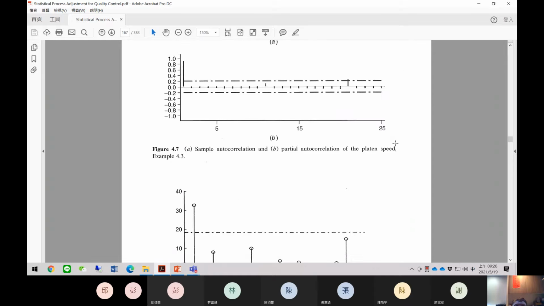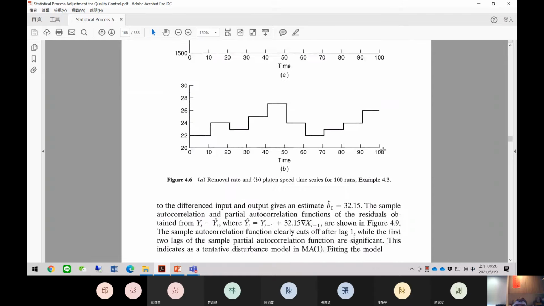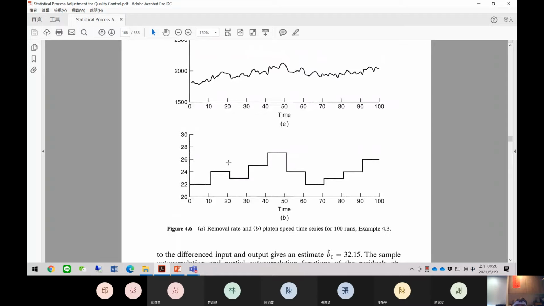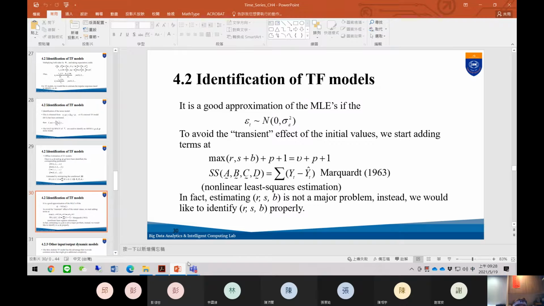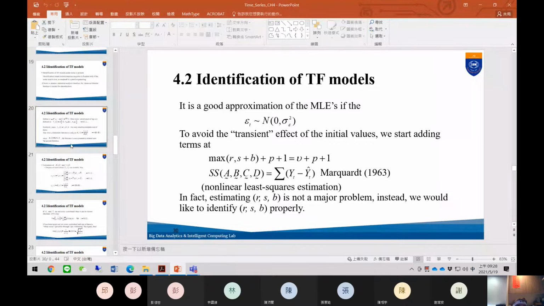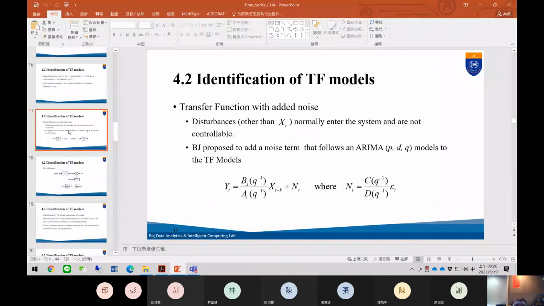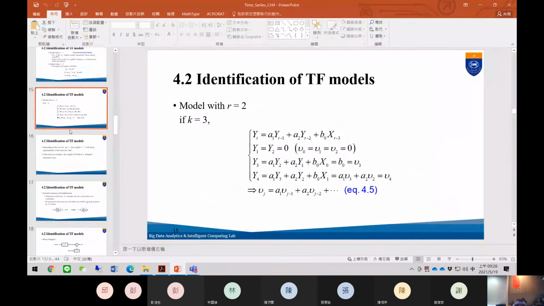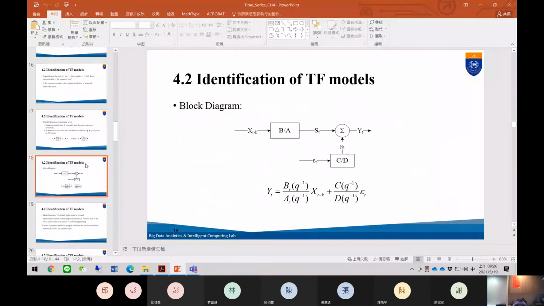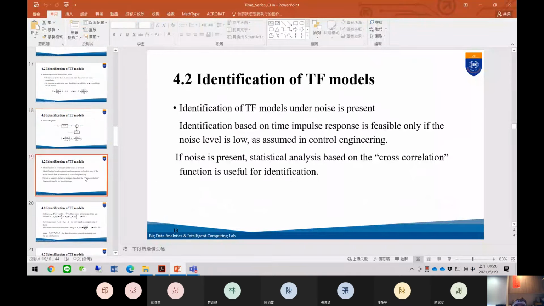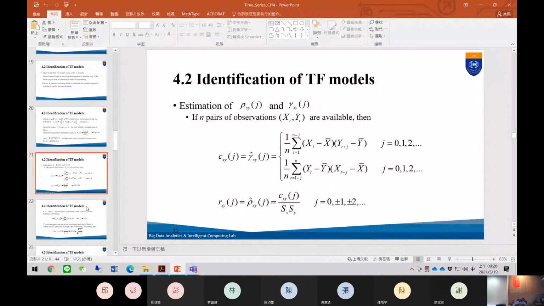Since it's non-stationary, we like to do the pre-whitening of the input variable, and the output variable, to turn these two series into alpha_t, like we mentioned on Monday.